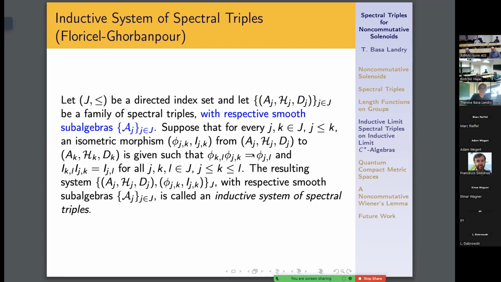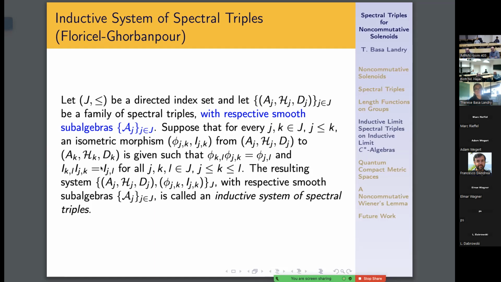These ones are isometries between C-star algebras, and these big I's are homomorphisms between Hilbert spaces.